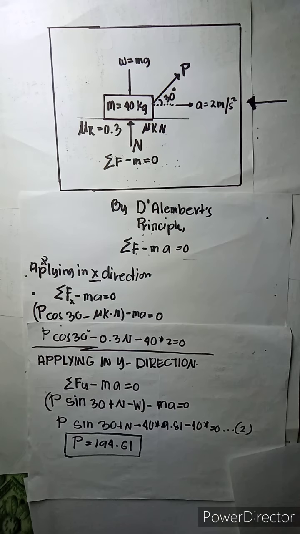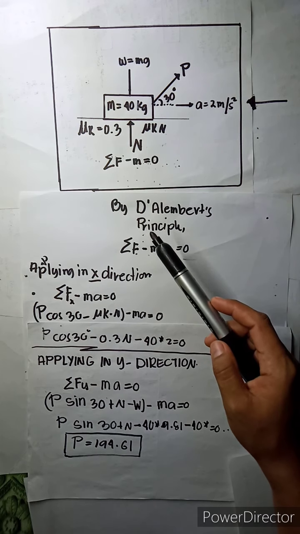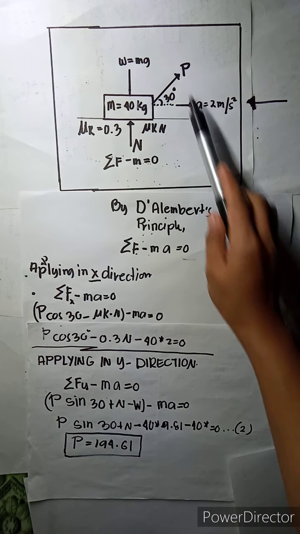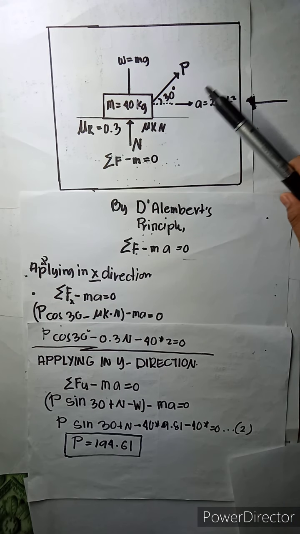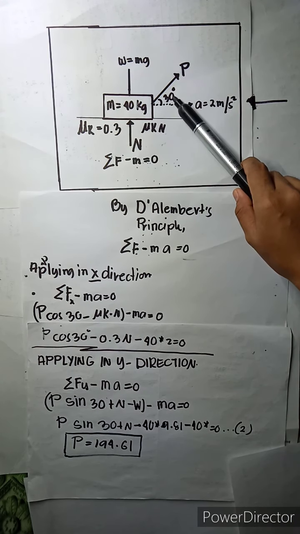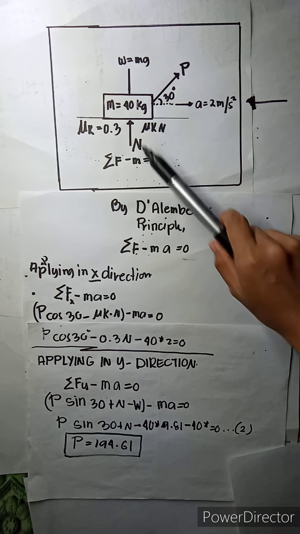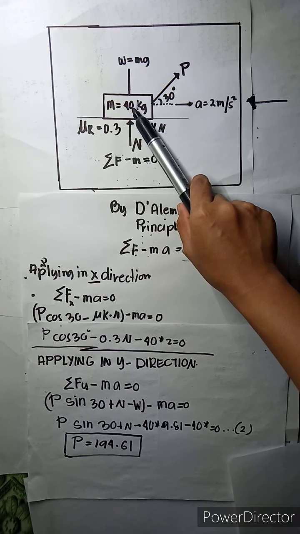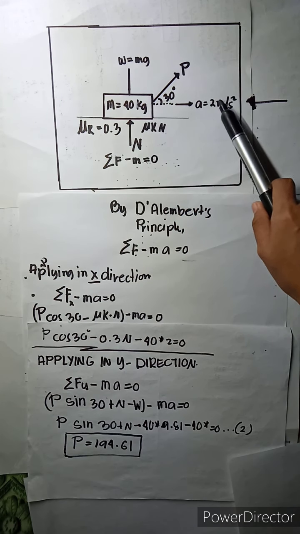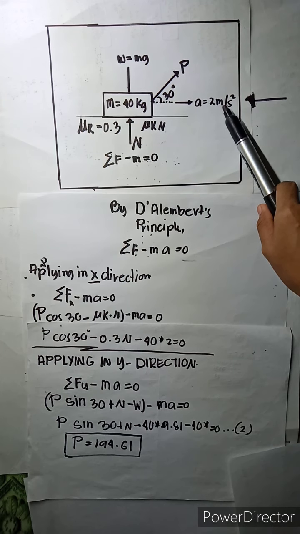Now let us apply the principle given by Jean-Le-Rond D'Alembert. So consider a block of mass 40 kg acted upon by a force P, which acts at an angle of 30 degrees with the horizontal. So due to this force, the block is moving with an acceleration of 2 meters per second squared.